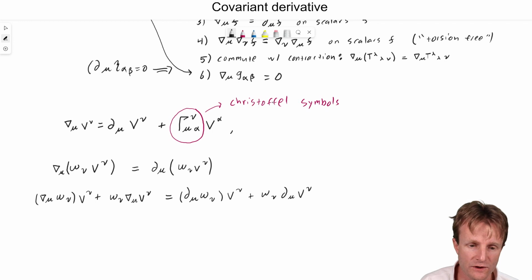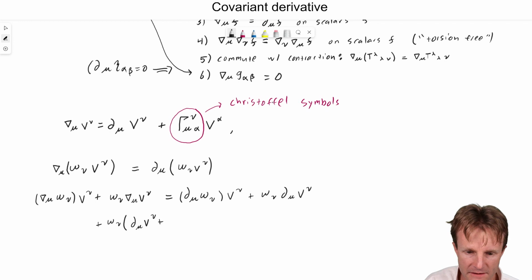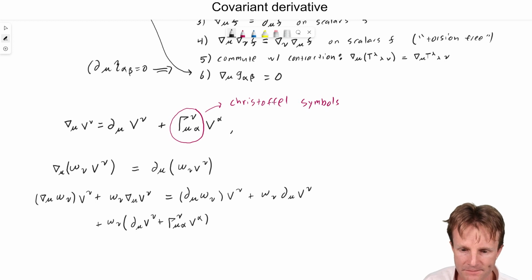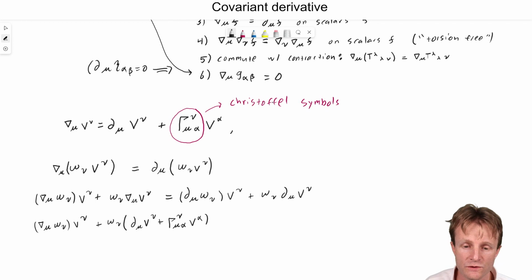And now we can use our formula for vectors on the left-hand side to expand this out. So the second term here will become omega nu times partial mu v nu plus our Christoffel symbol gamma nu mu alpha v alpha. And then we still have the original term del mu omega nu times v nu, and that's equal to the right-hand side.